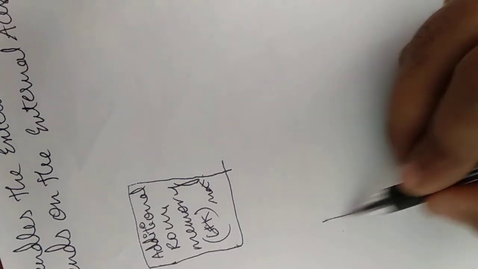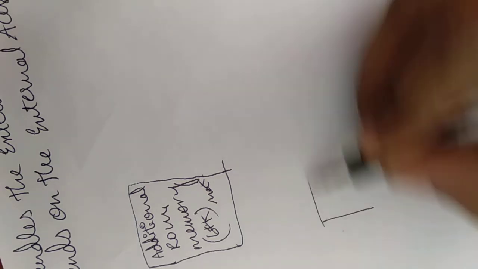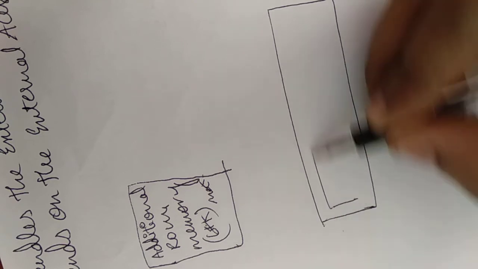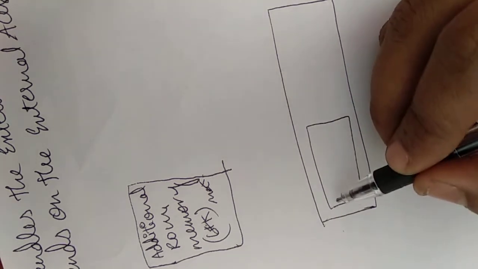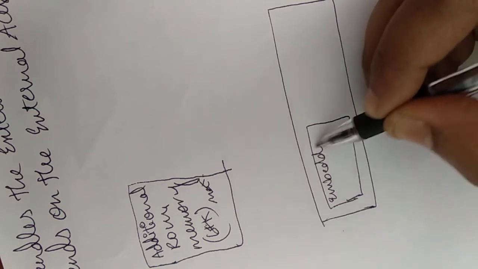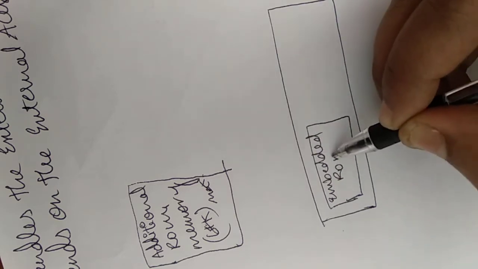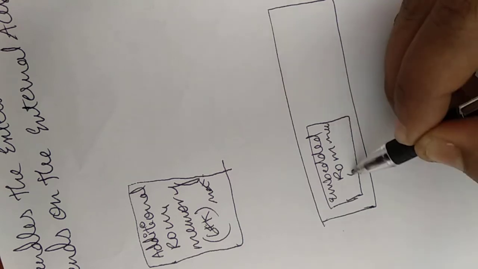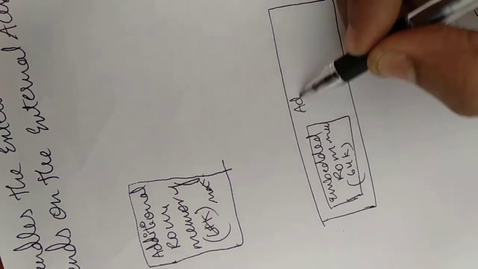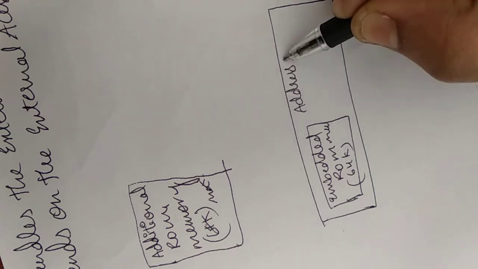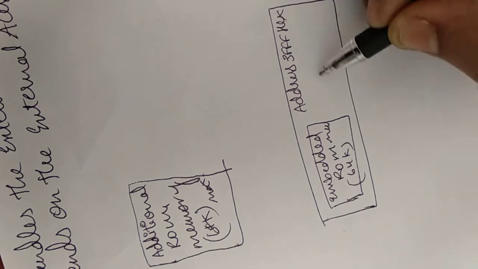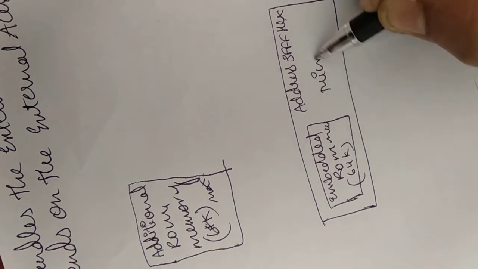Here we'll have the microcontroller. Inside the microcontroller we have RAM, ROM, CPU, with embedded ROM memory up to 3FF hexa. So this is the microcontroller.